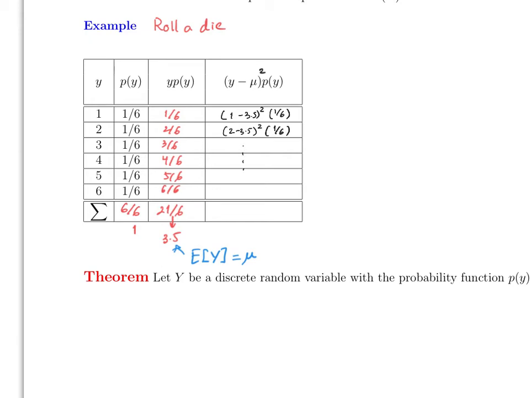And so on, the last one will be 6 minus 3.5 squared times 1/6. You should check that this is around 2.92. So therefore, for this random variable, the mean is 3.5 and the variance is 2.92, which means that the square root of that will be the standard deviation, and this is around 1.7.